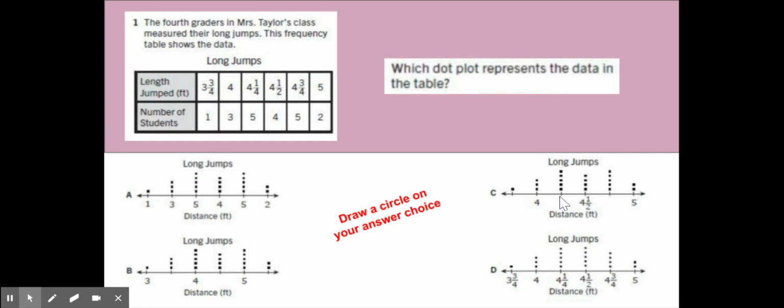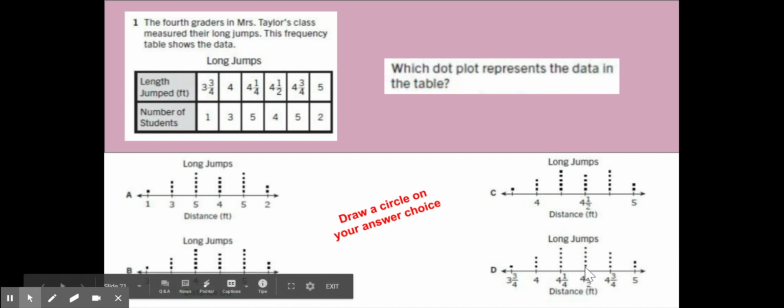So this is 4, this would be 4 1/4, this would be 4 1/2, this would be 4 3/4, and this would be 5, which leaves this one right here. Now, if I subtract 1/4 from 4, then what I get is 3 3/4. So this is 3 3/4, 4, 4 1/4, 4.5, 4 3/4, and 5. Now you notice that D has them labeled that way too. So these look almost identical.